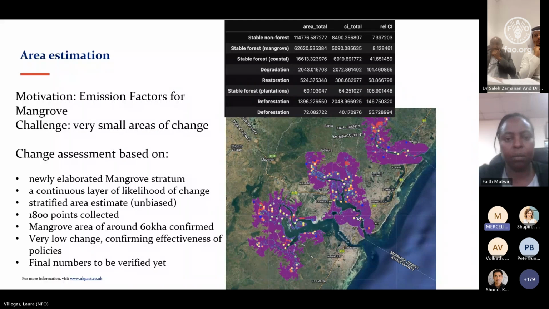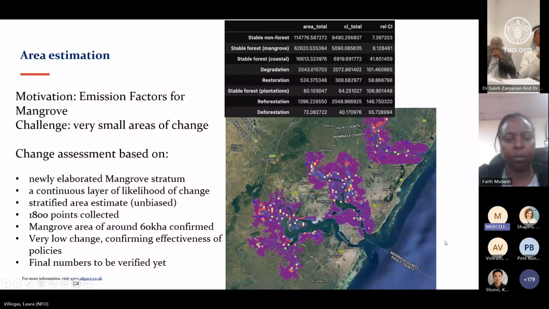However, the challenge that we were having is that our area under mangrove is not as huge as other forest strata, it is very small. However, we still need to have emission factors so that we accurately report for this particular ecosystem.